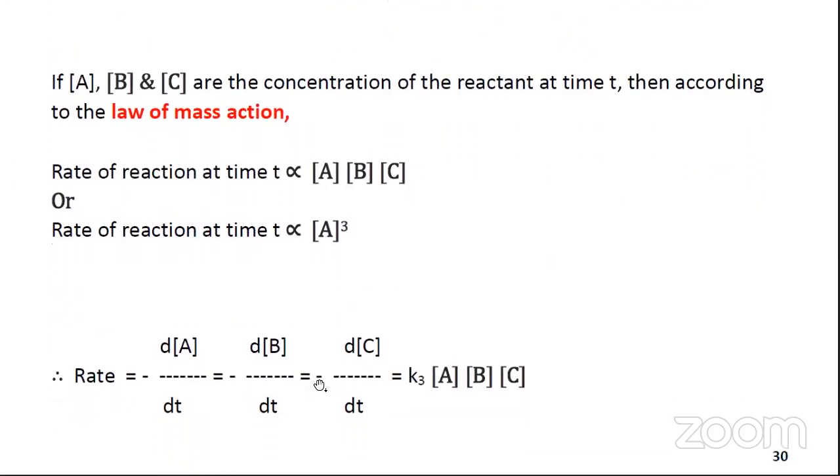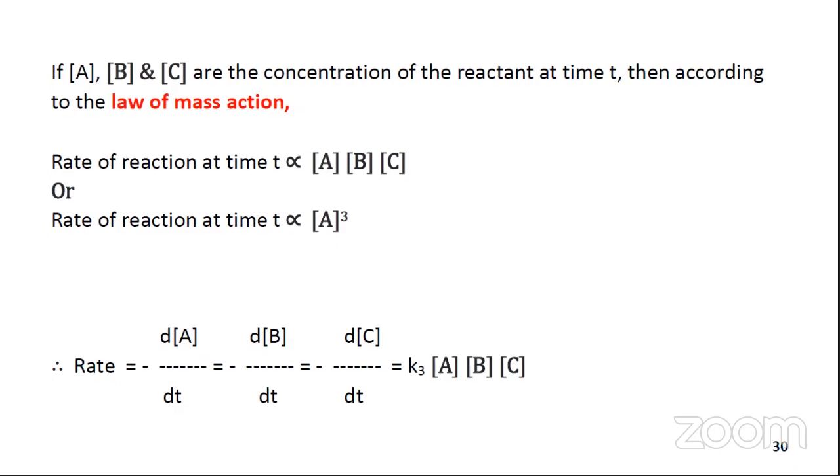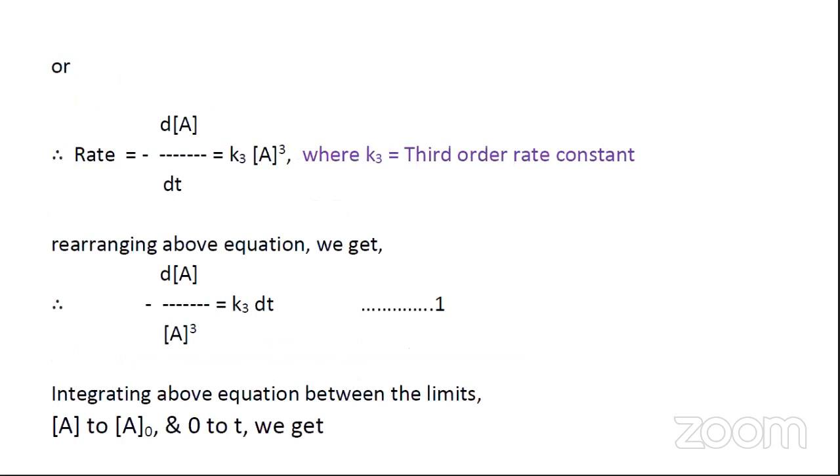Therefore, rate equal to minus dA upon dt equal to minus dB upon dt equal to minus dC upon dt is equal to k3 times concentration of A, B, and C respectively. Or we can write, rate is equal to minus dA upon dt is equal to k3 times A cube, where k3 is called the third order rate constant.